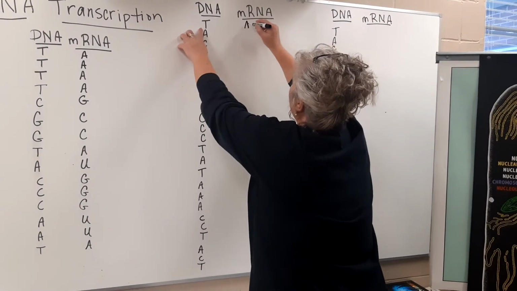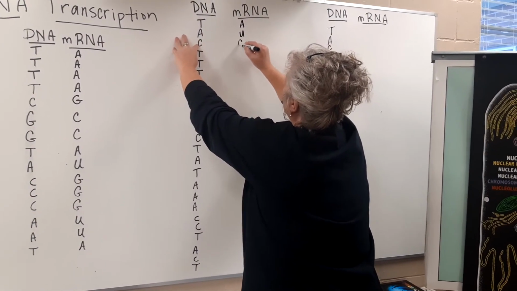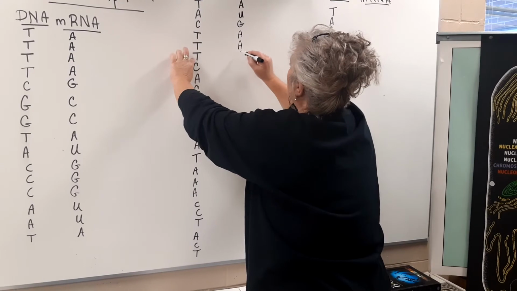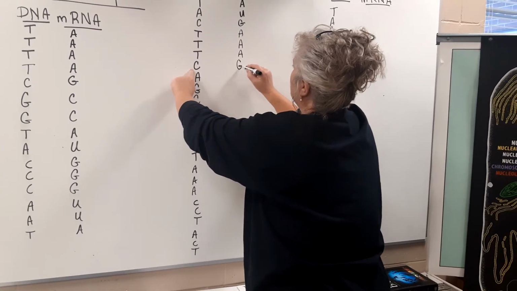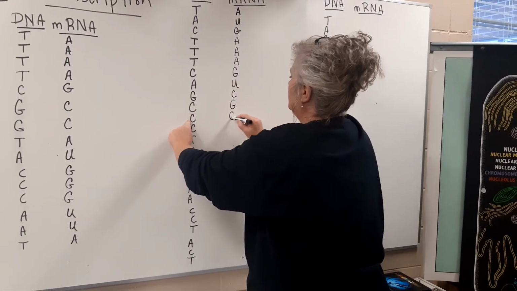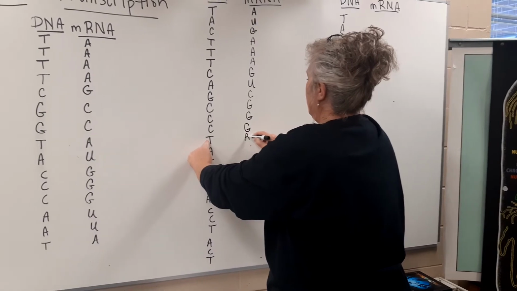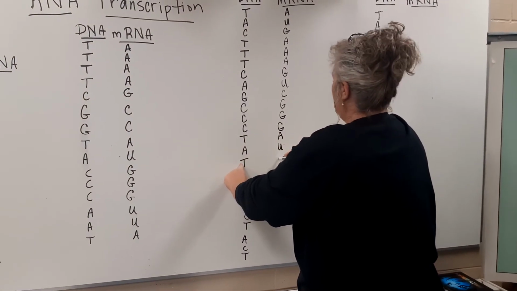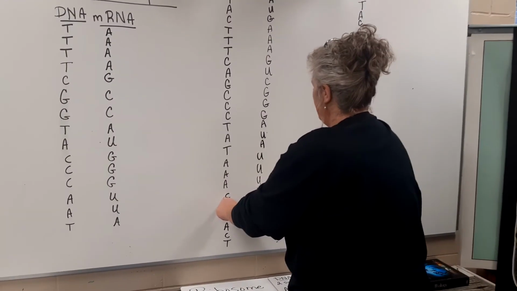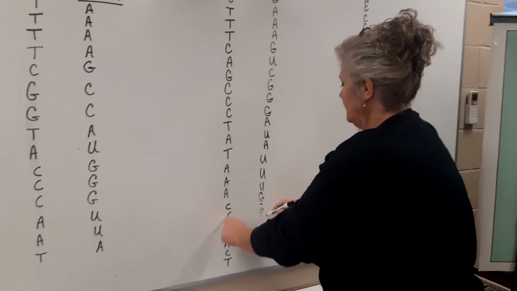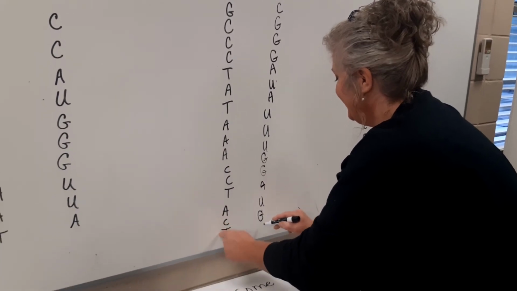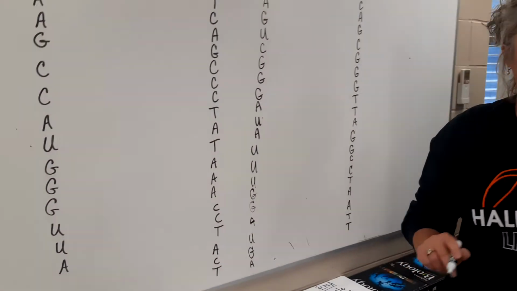The T will be an A, U, G. T, A, C, G, U, C, G, G, G, A, U, C would be G, G, T is A, U, G, A. How'd you do? Did you get those?